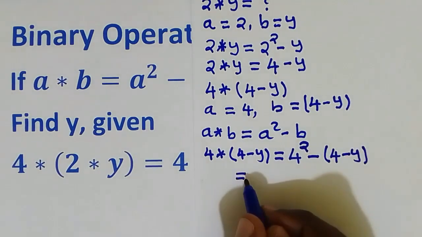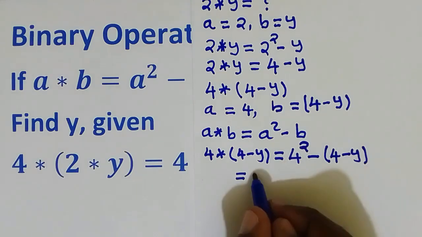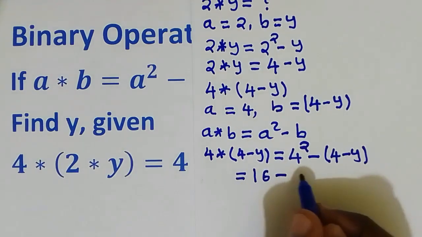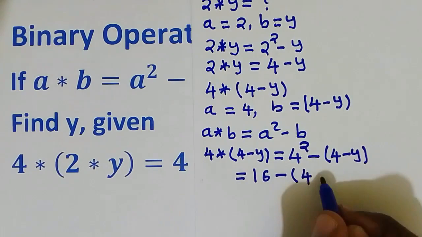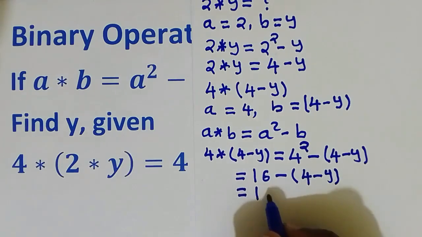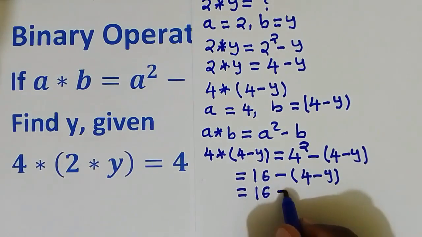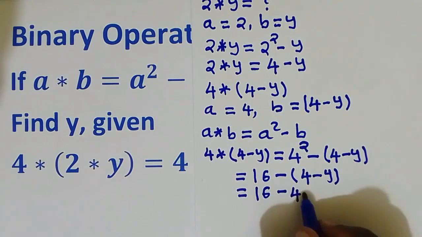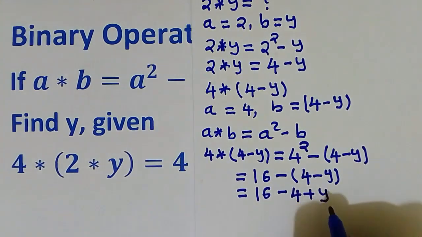So we are going to get this is equal to 4 square is 16 minus 4 minus y. We open the bracket, that is going to be 16 minus 4 plus y.